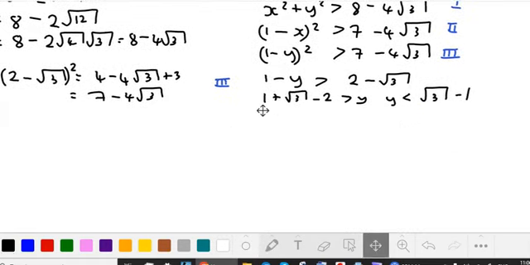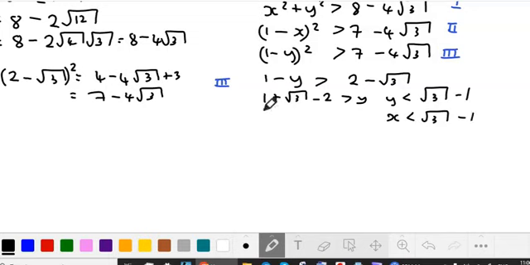And because equation 2 is exactly similar to that, except that the subject is x, we can now conclude that x is less than root 3 minus 1.